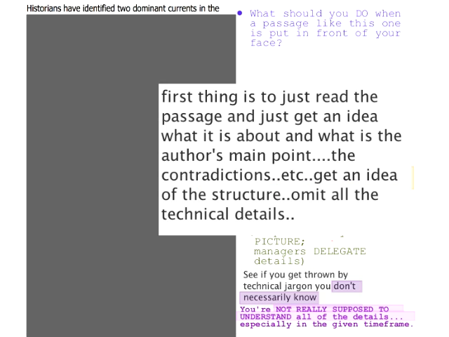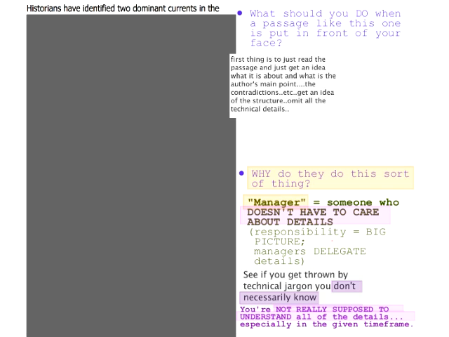If you were looking at a nonfiction book, where would you look to find this stuff? Where would this be in a nonfiction book? Where do you find this stuff?